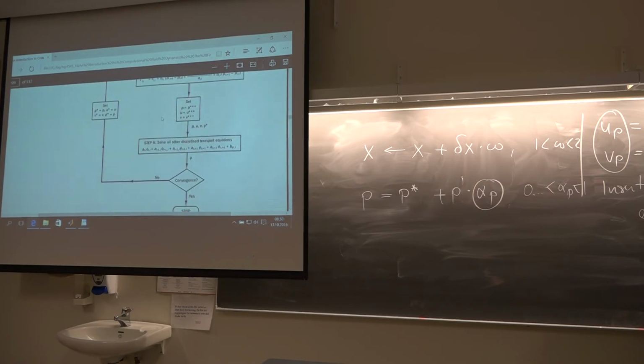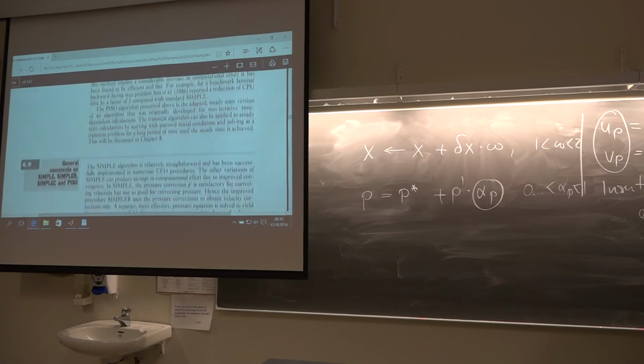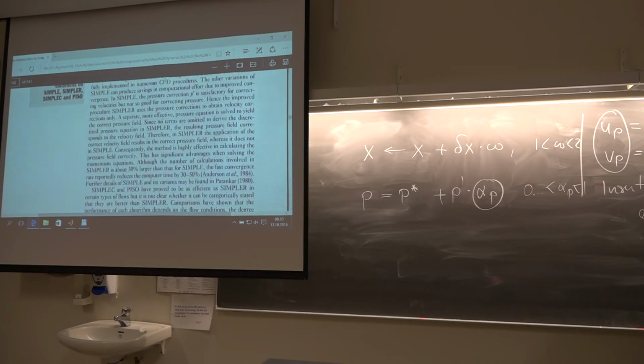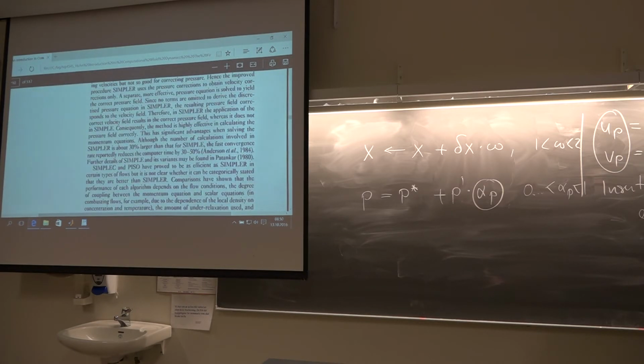It's just an additional step. So here, general comments. You will have a little bit more CPU, a little bit more calculation. Here, for SIMPLER, for instance, 30% larger than for SIMPLE, but then the computer time is still reduced. So it might be a good idea to not use the traditional classic SIMPLE.